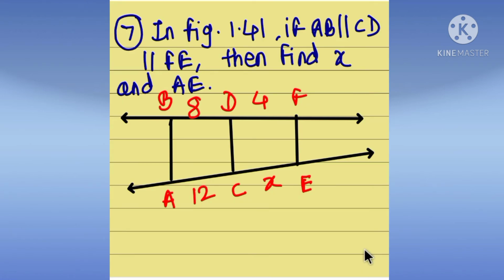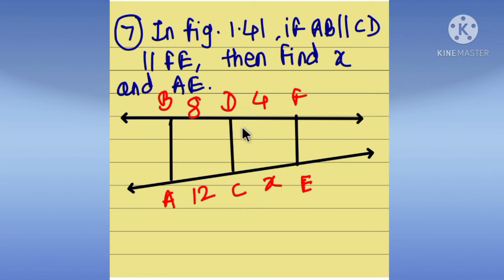Sum number 7. In the figure 1.41, if AB parallel to CD parallel to FE, then find X and AE. Now students, first we go through the figure.